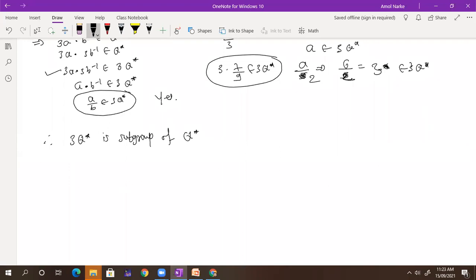Subgroup means what? It is also a subset of Q star, and it is itself a group, whatever the operation we have here, dot. In that particular operation 3Q star dot, it is also a group, and it is a subset of Q star. That's why it is a subgroup.